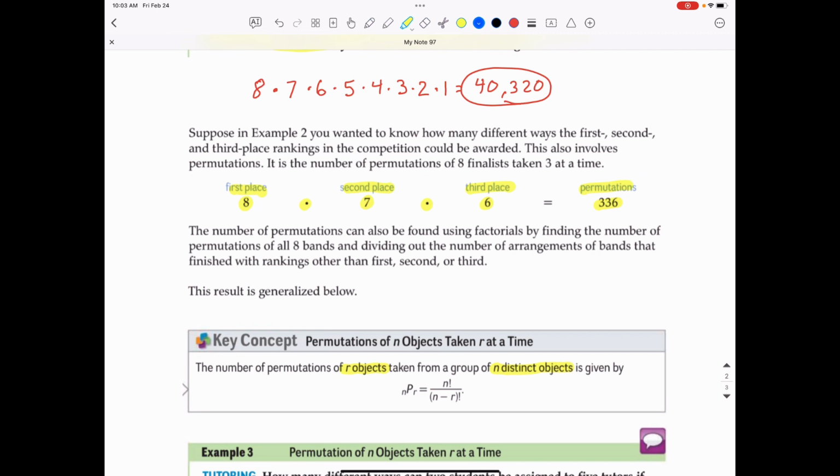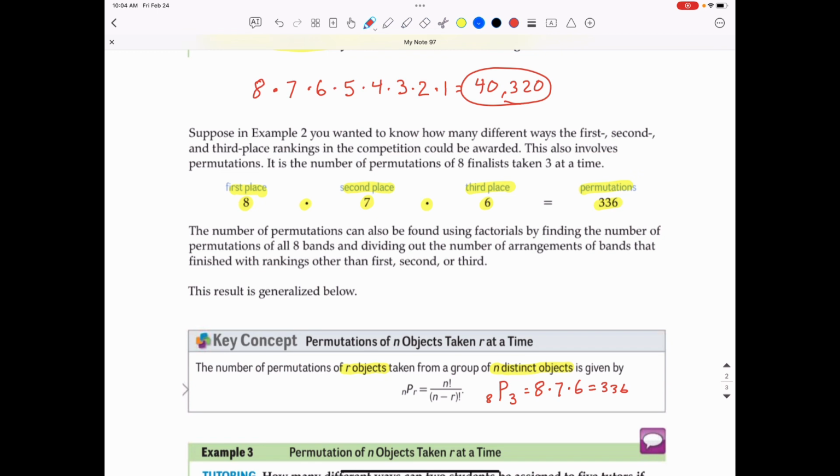So in this particular case of 8 times 7 times 6, that permutation could be written as the notation 8P3, because we're choosing from 8 bands, permutation, so a capital P, and 3, which means that we're going to be starting with the number 8 and then multiplying that times the first 3 numbers, counting down, starting with the number 8. So 8 times 7 times 6, which we already know is 336.